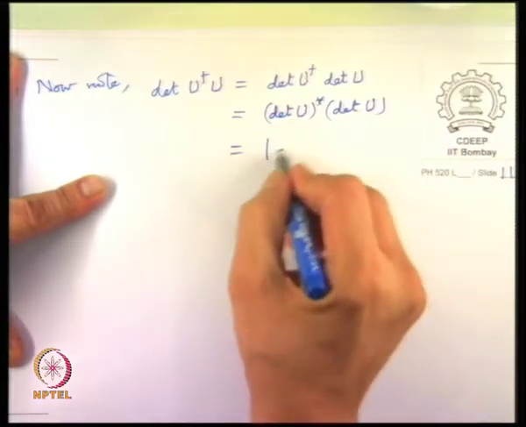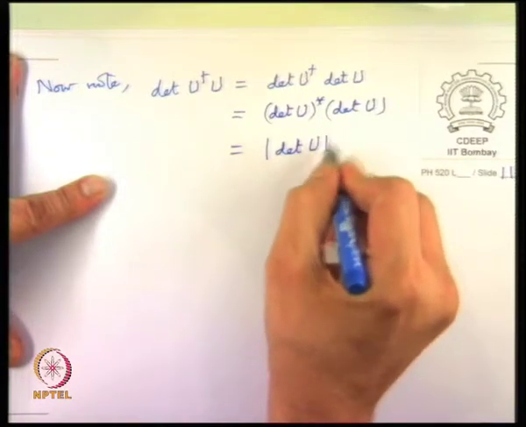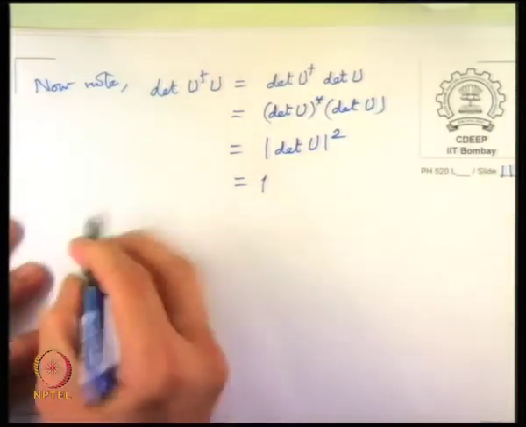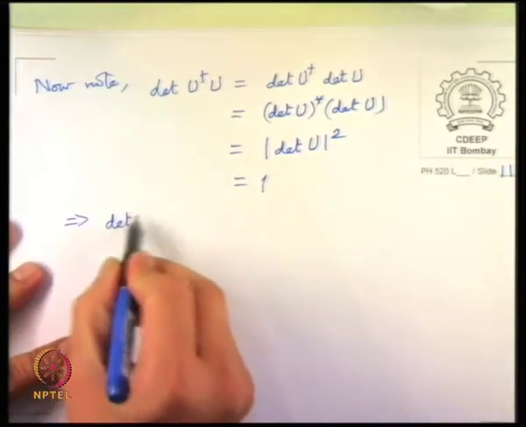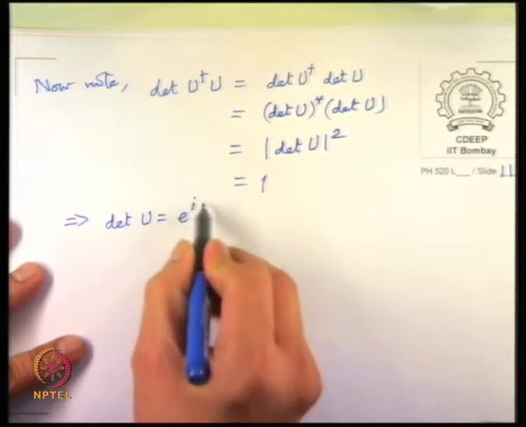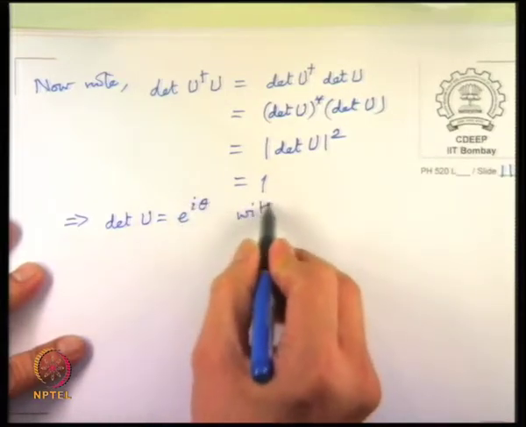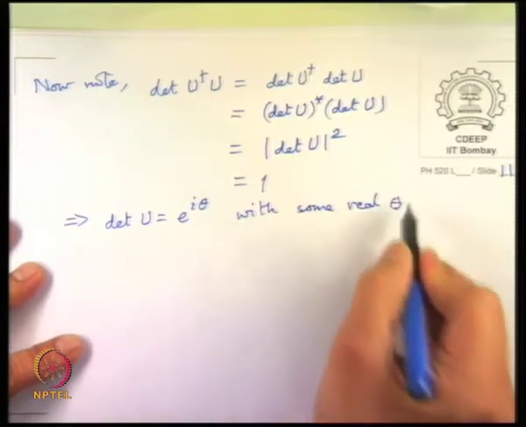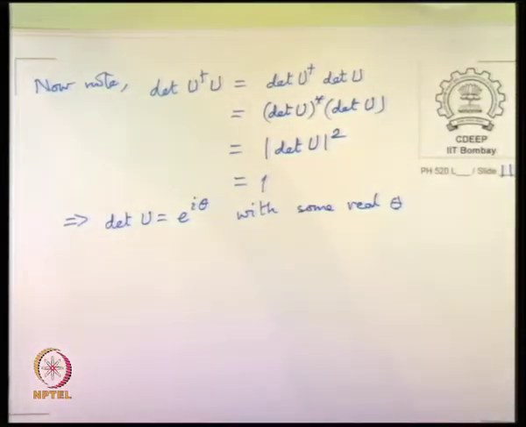So this is modulus of det u mod square, and this is set equal to 1. So this means that determinant u is some e raised to i theta. It is a phase, so its mod square should come out 1. So this is a much bigger ambiguity than in the orthogonal case, where you just got plus or minus 1, but here the determinant can lie on the unit circle.